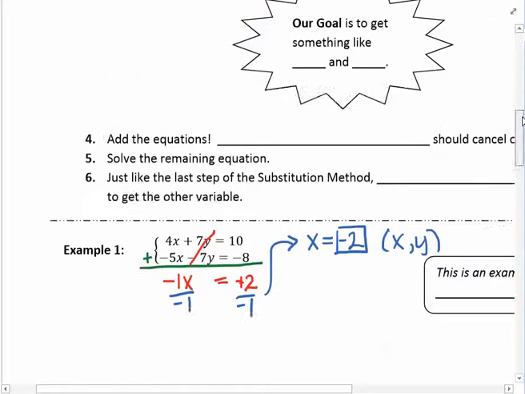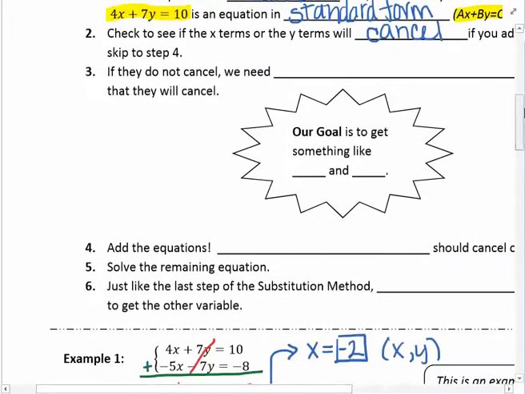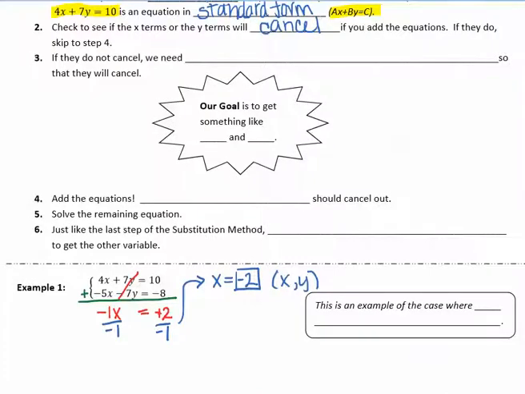Okay, and that leads us to the rest of the steps here. But before we get too far ahead, let's make this a little bigger. Okay, so before we get too far ahead here, let's go back to our steps. So step 3 is, well, what if they do not cancel?